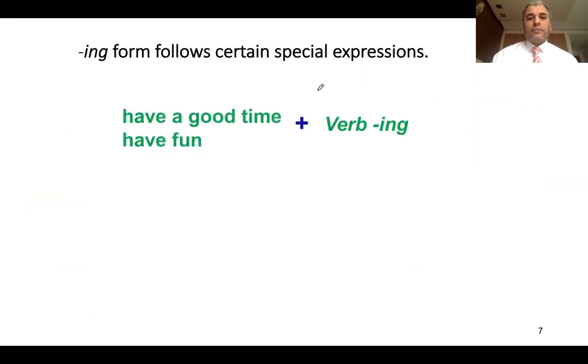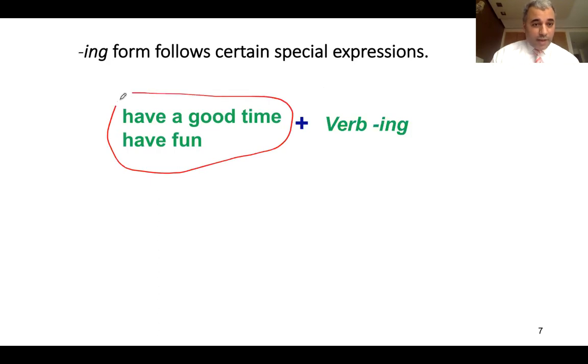So you have ing form follows certain expressions. So you have gerunds, that is to say gerunds can be used after certain special expressions. Example, have a good time, have fun. So we have these expressions here. These need to be taken as such, and these expressions can be followed by ing form.